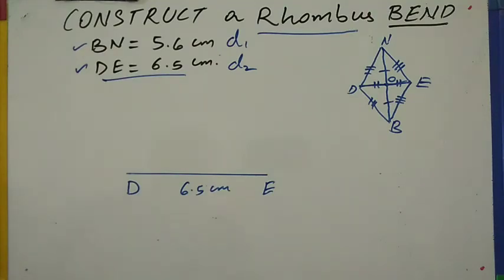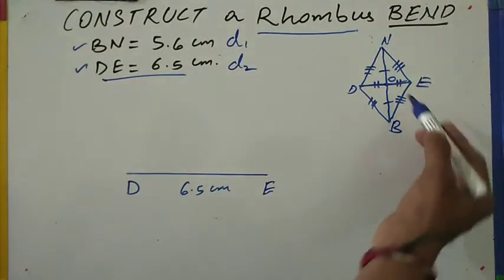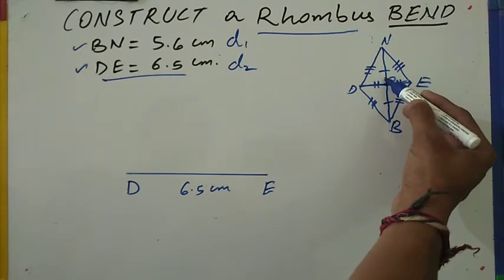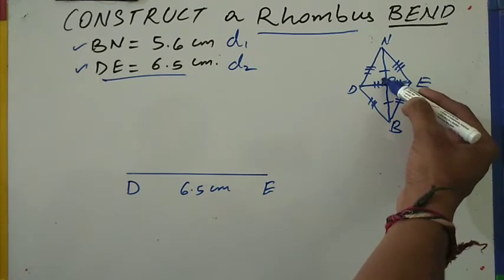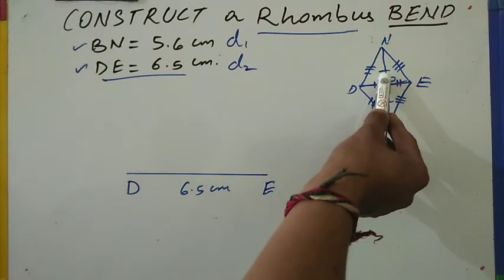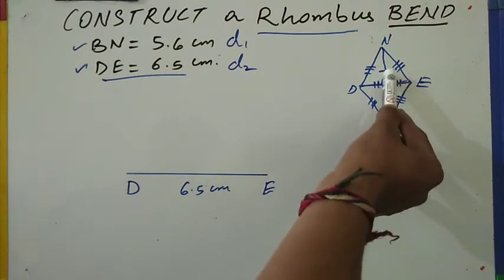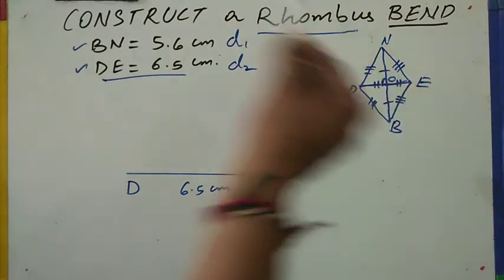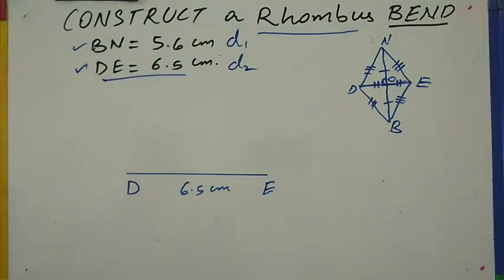So, I will use this concept: diagonals bisect each other, and they do not bisect alone, they bisect perpendicularly. So, the angle here is 90 degrees. If you watch, each angle here is 90 degrees. So, I am going to use this concept. With the help of compasses, I will perpendicularly bisect this line segment.